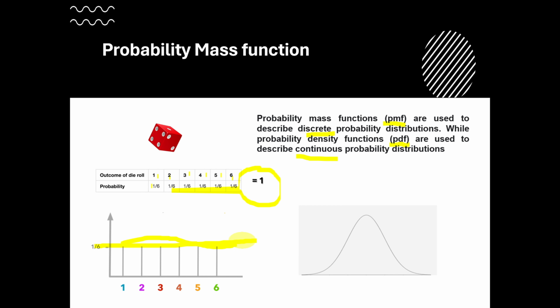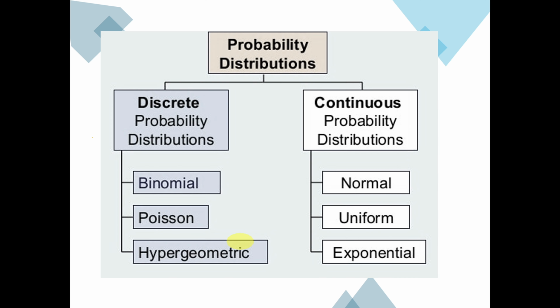Now let's understand the normal distribution. But before that, we will learn what we mean by probability distributions. Probability distributions are divided into two. One is discrete, the second one is continuous. The discrete distributions are divided into binomial, Poisson, and hypergeometric.